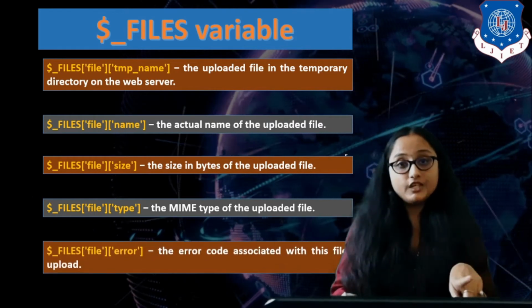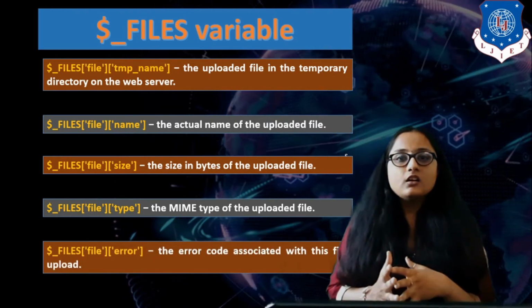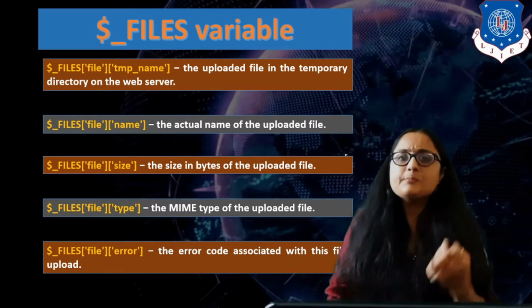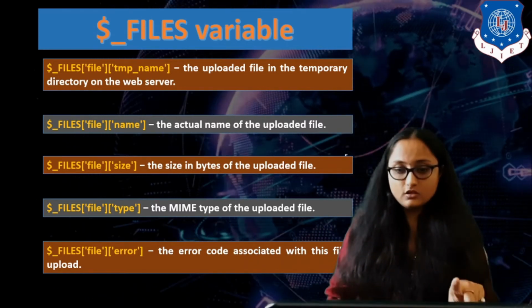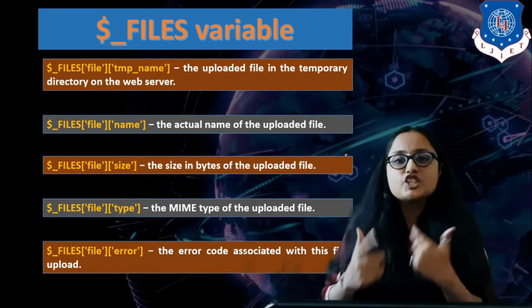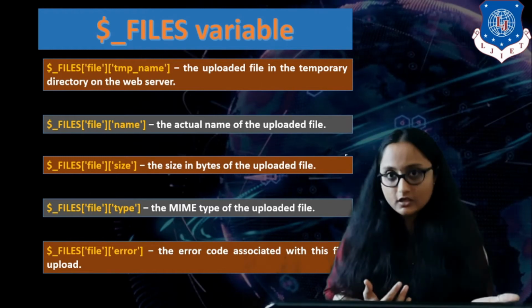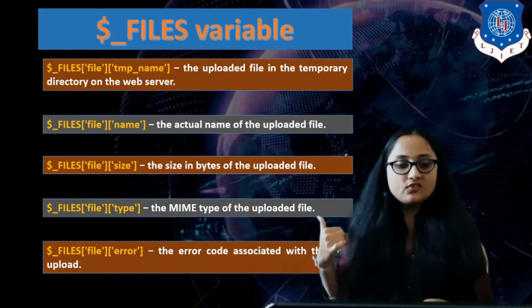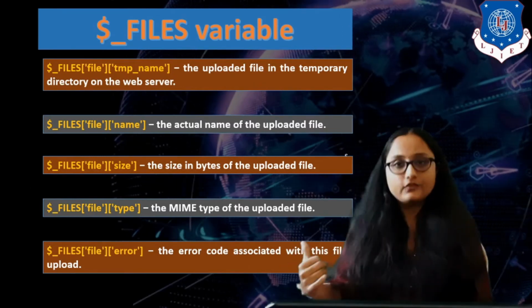And the last variable: it is a possibility that while uploading your file, there may be some error which has occurred. If you want to access the code of which type of error has occurred while uploading the file, that error code is generated in this variable, the error variable.